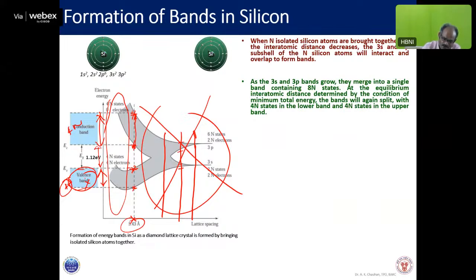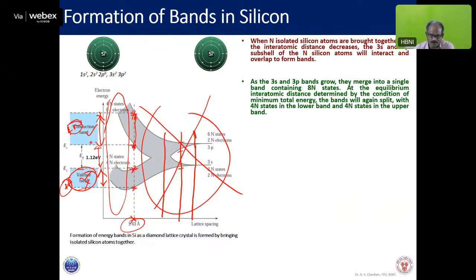Now, if somehow I can give energy to an electron, then it can have this state also. These are also 4n states. So they are equal energy states in this band and in this band.